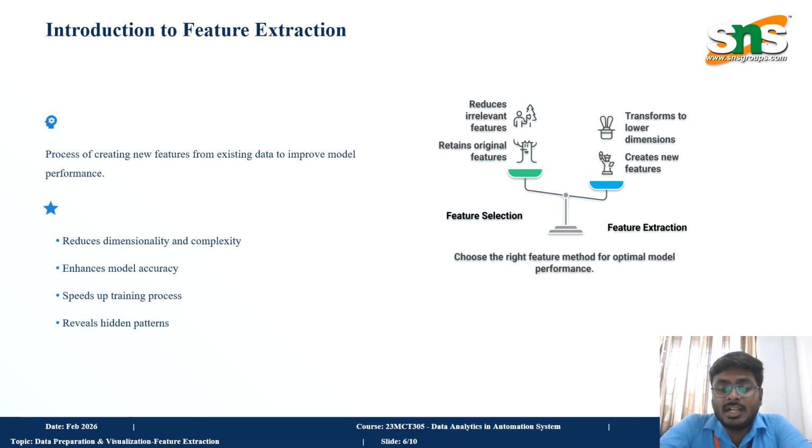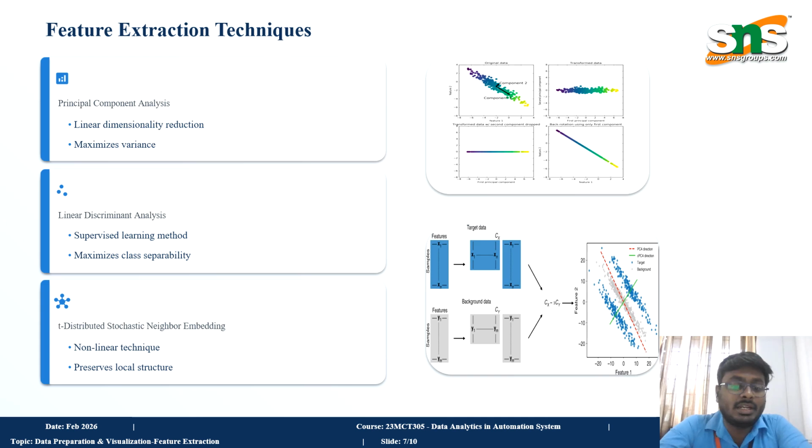Extraction transforms data into lower dimensions and creates new features, like blending them into something new. See this balance scale diagram. It highlights the differences. Choosing the right method is key for optimal models in automation, where high dimensional sensor data is common.